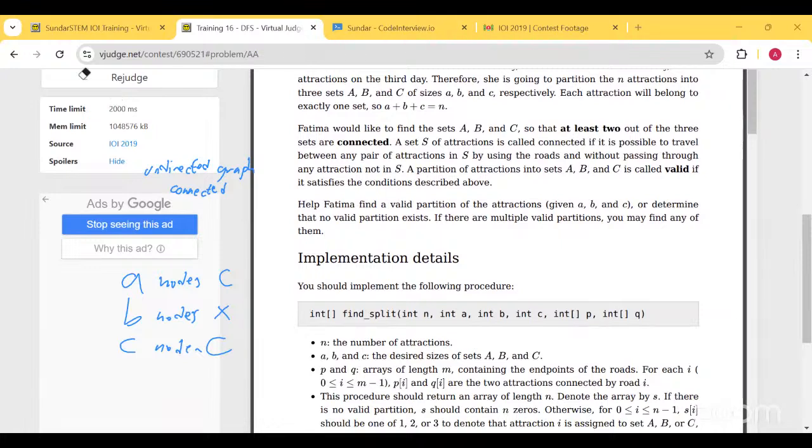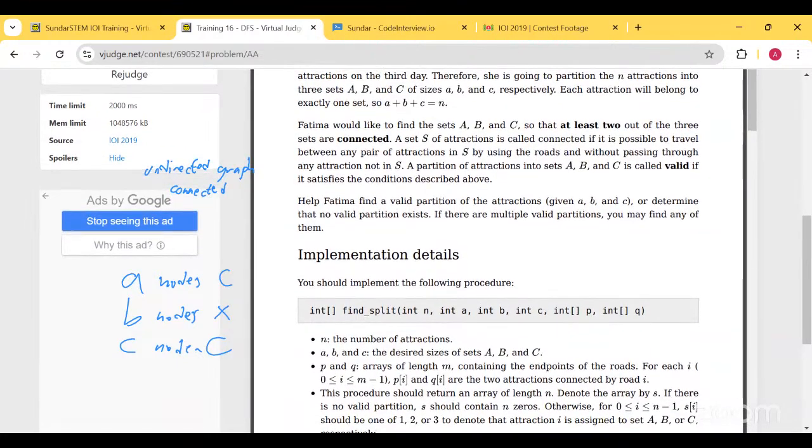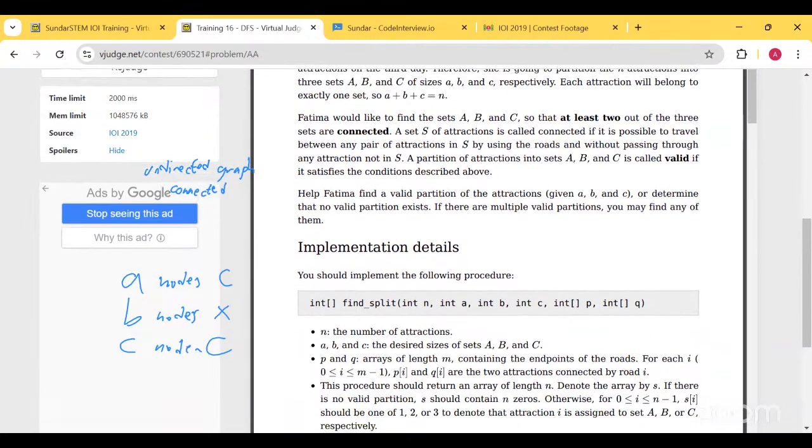Given an undirected connected graph, we want to find the partition consisting of A nodes, B nodes, and C nodes, and 2 of the groups shall be connected.